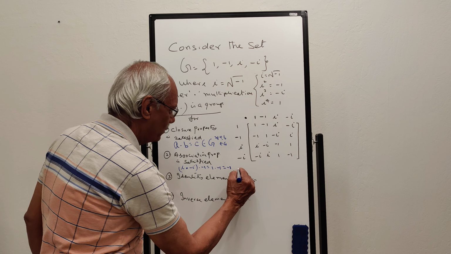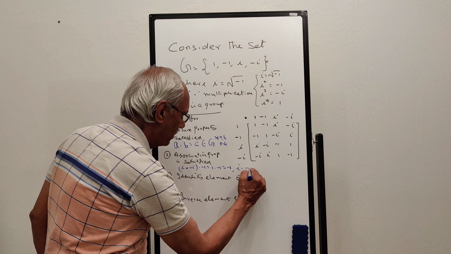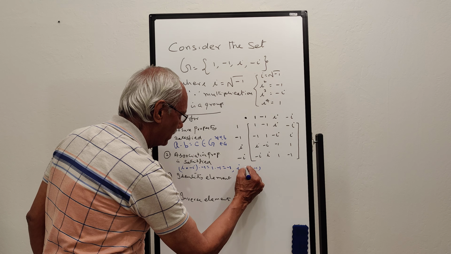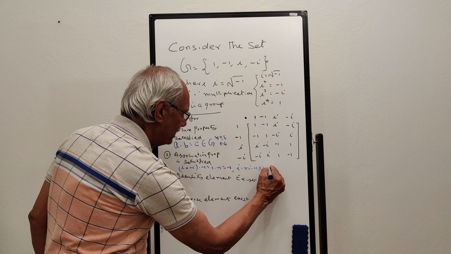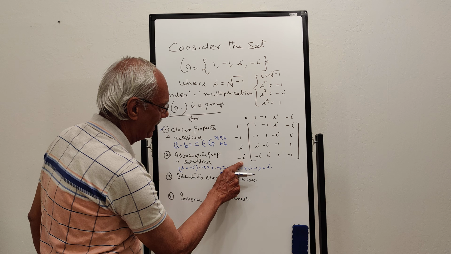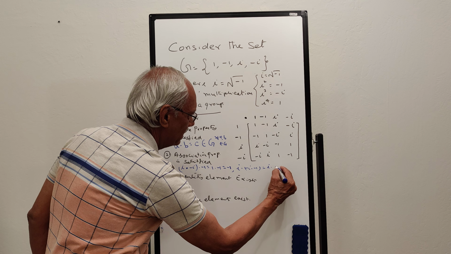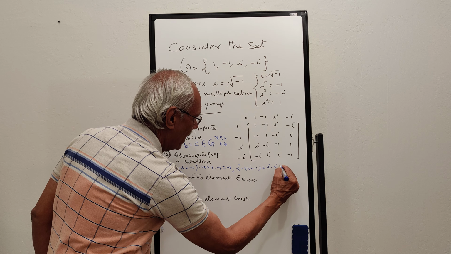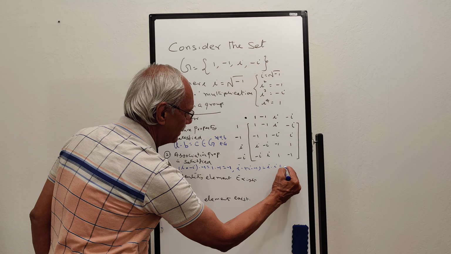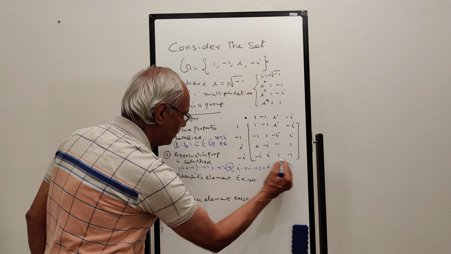Now I will go for the association: i dot (minus i dot minus 1). Minus i dot minus 1 is i, so this is i dot i, and i dot i is equal to minus 1. So you see that this is also minus 1 and that is also minus 1.